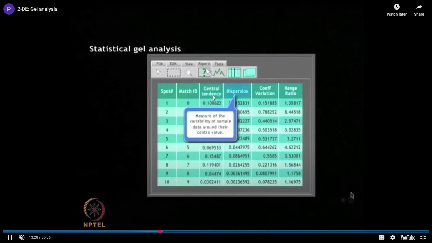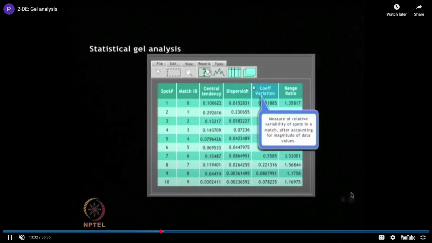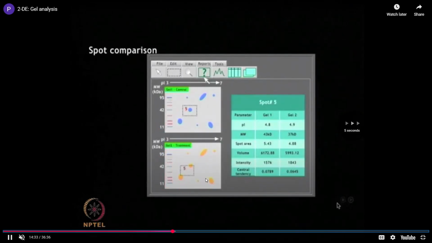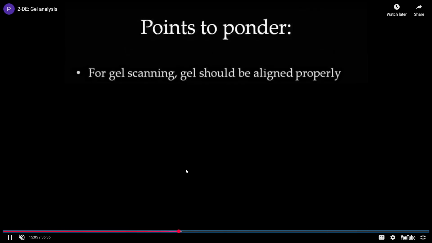You can do certain statistical analysis as well, like coefficient of variance and central tendency, everything inside the software. For each spot, it will give you all the details: the molecular weight, the area, the volume, and the intensity of the protein compared to the other gel. So this is what the software analysis was.